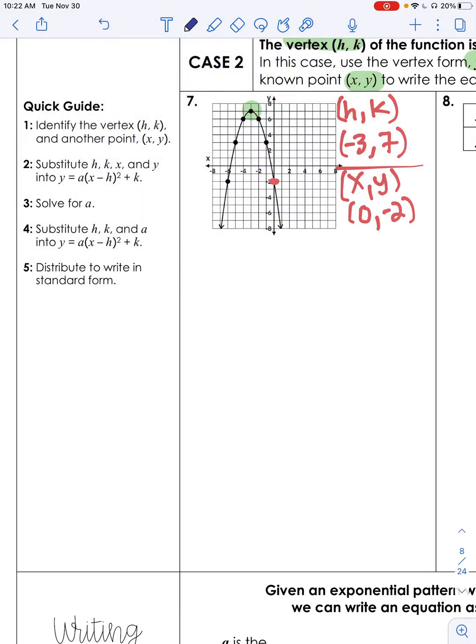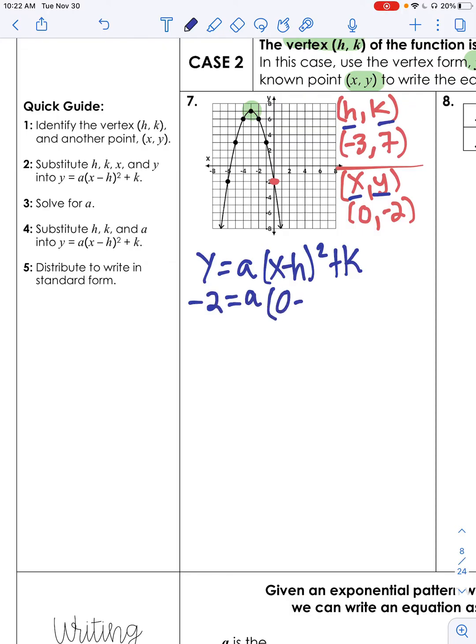Okay, step 2, let's write out the vertex form. And we'll substitute in each h, k, x, y. All right, so y is -2. x is 0. h was -3, so I'm going to make that +3, the quantity squared, plus 7.